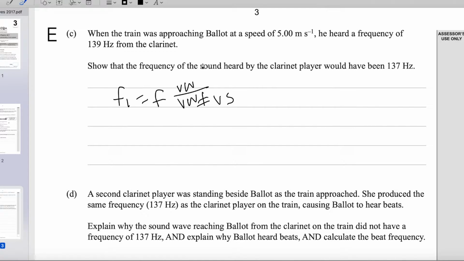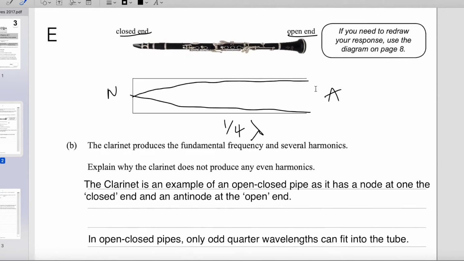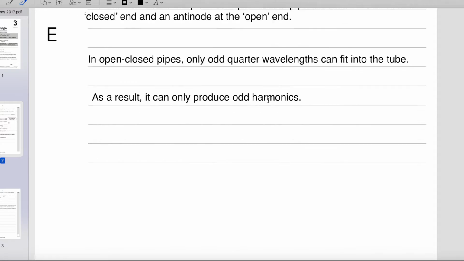And so just like a recap, F1 is the frequency perceived, F is the true frequency, VW is the speed that the wave travels in the medium, and for this we know that VW equals, what was it back here, 341, because it told you at the start.